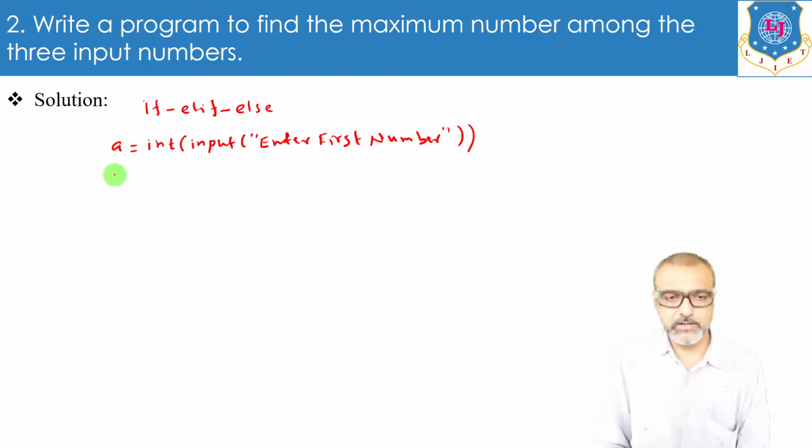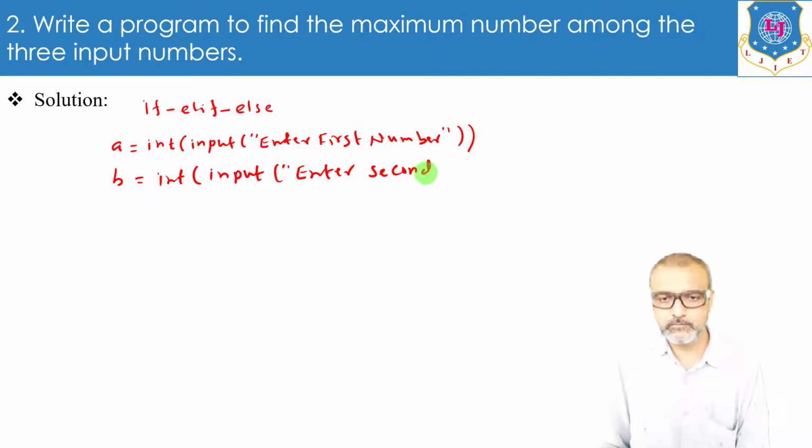Now similarly we will take another number in the variable say b, that is equals to int of input of enter second number.